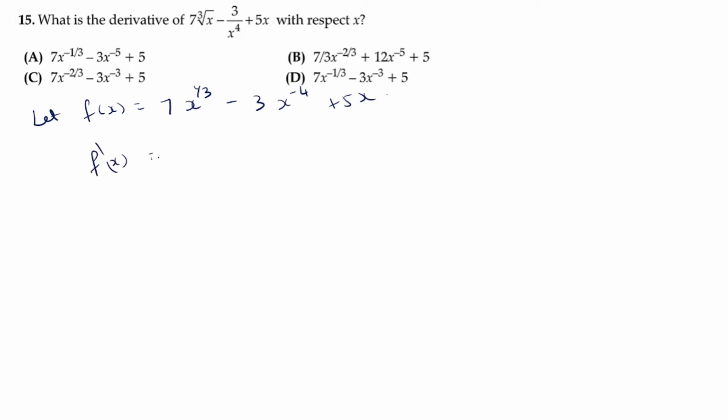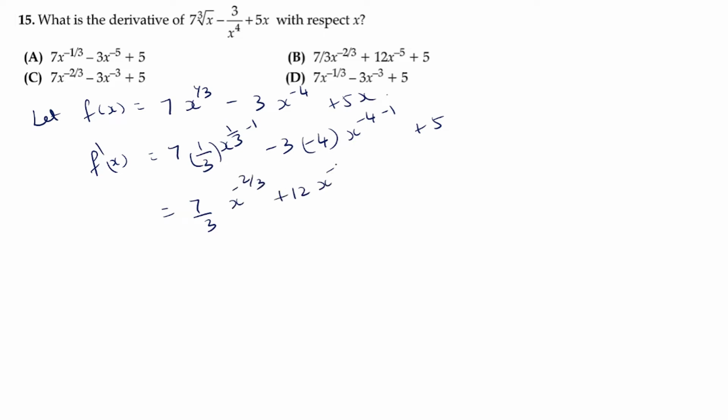Now f dash of x is 7 into 1 by 3 into x raised to 1 by 3 minus 1 minus 3 into minus 4 into x raised to minus 4 minus 1 plus 5. So this is equal to 7 by 3 into x raised to minus 2 by 3, then plus 12 into x raised to minus 5 plus 5. So this is the derivative of this given function. So the correct option is option B.